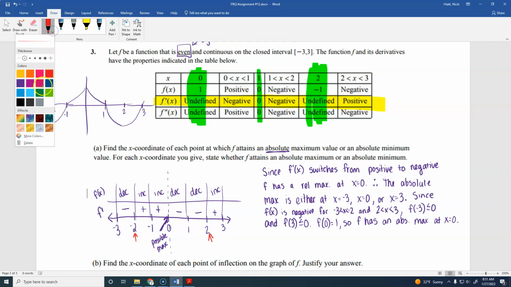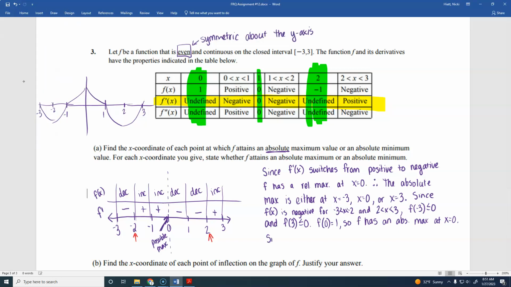So we would say since f prime of x switches from negative to positive at x equals 2, f has a relative minimum at x equals 2.